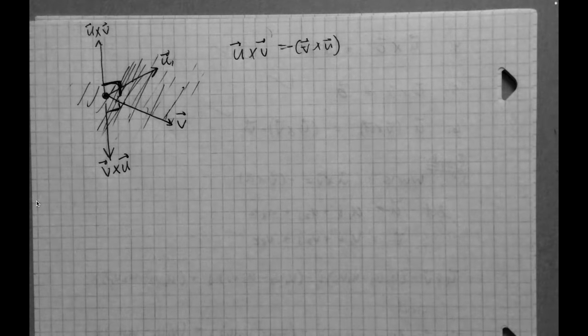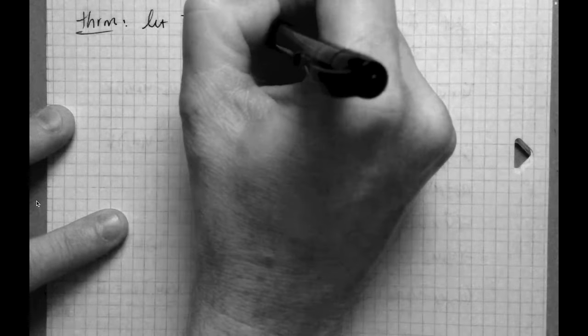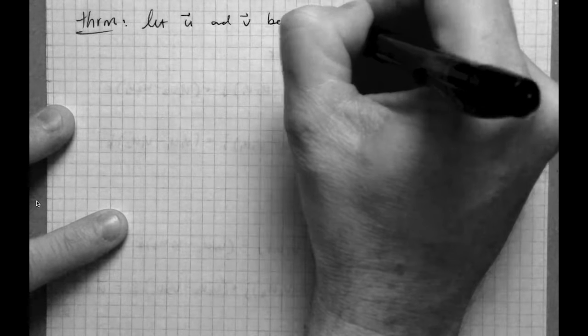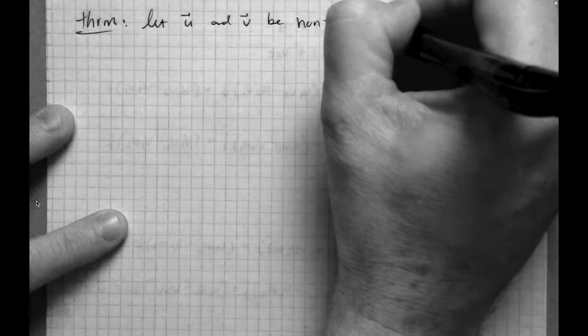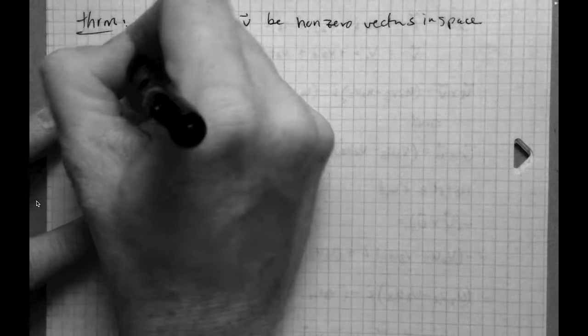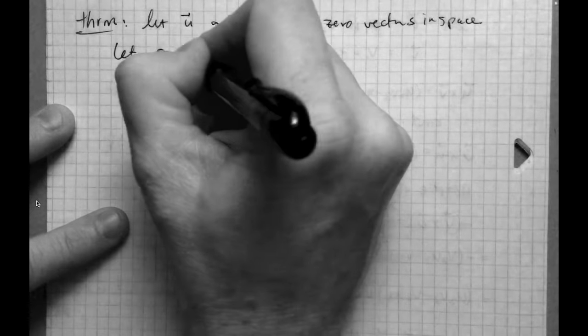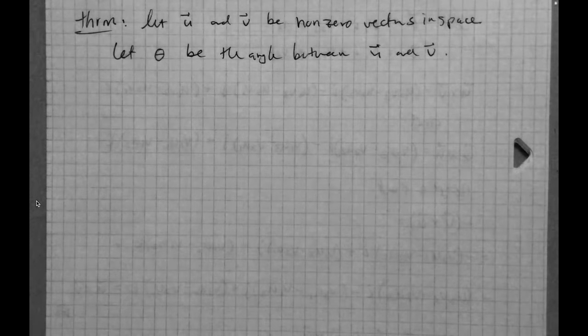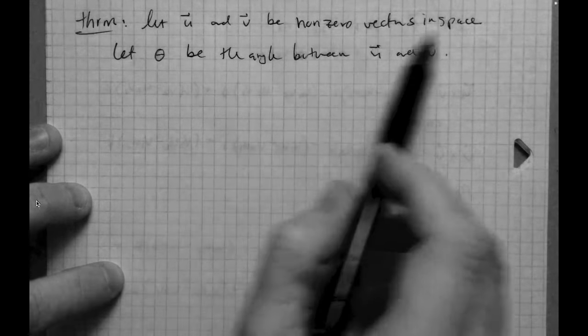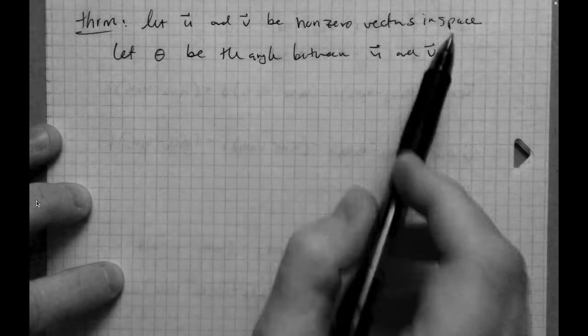We'll let u and v be non-zero vectors in space. We'll let theta be the angle between u and v. Similar to the setup with the dot product last time. So if you've got u and v, non-zero vectors in space, and theta the angle between them, then what can we say?